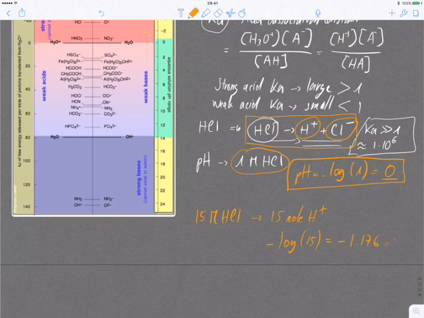This is the theoretical pH of a solution of 15 molar HCl.